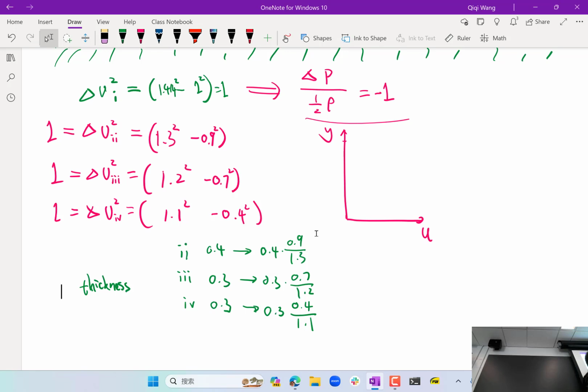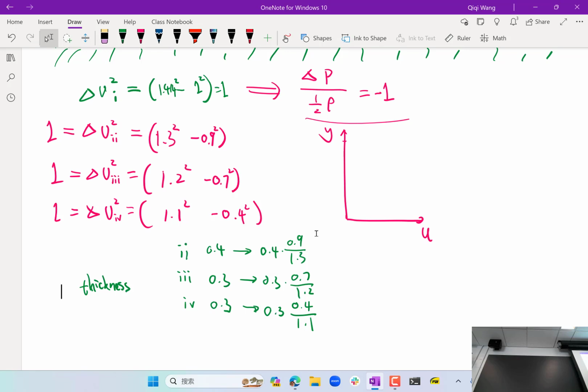It turns out it's basic mathematics that if the difference in the squares is the same, like a squared minus b squared is equal to a plus b times a minus b, then the bigger the a plus b is, the smaller the a minus b is.